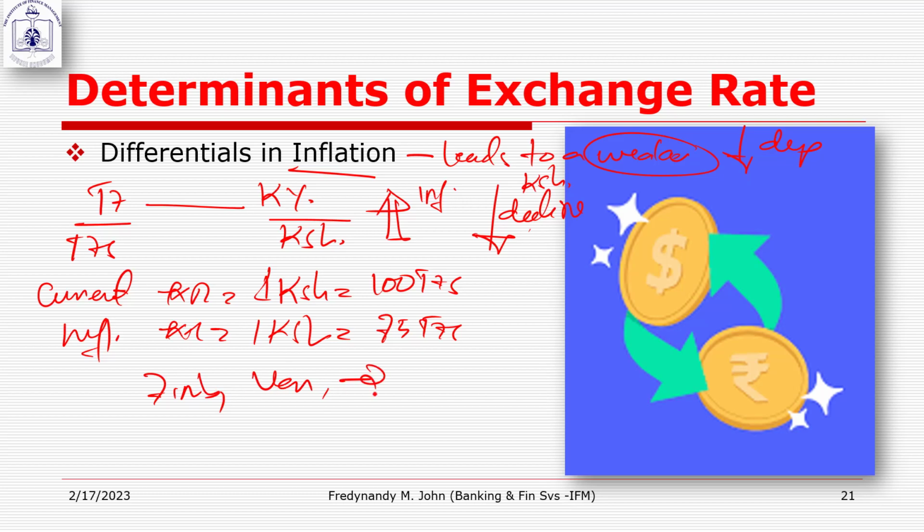For that reason, the demand for the currency of these countries is very, very low. And also, these countries depend more on imports, which further weakens their currencies. Inflation leads to a weaker currency.